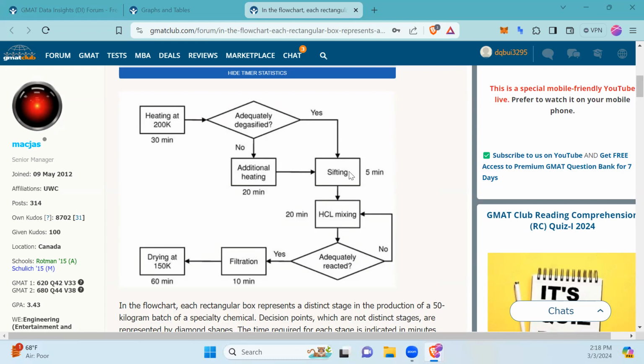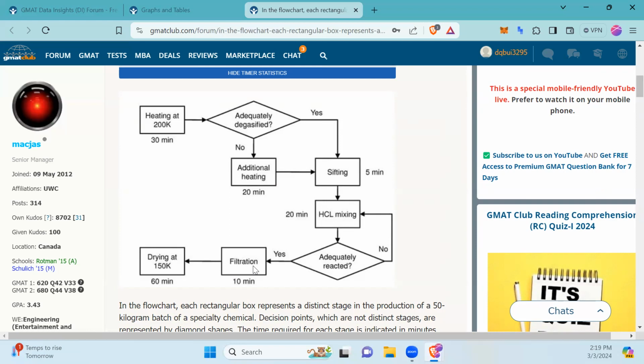Okay, so it goes straight to sifting, no more additional heating. And then they mix the HCl in for 20 minutes. And if it's not adequately reacted, then another 20 minutes. But if well mixed, well reacted, then it goes through filtration for 10 minutes, and then drying for another 60 minutes.